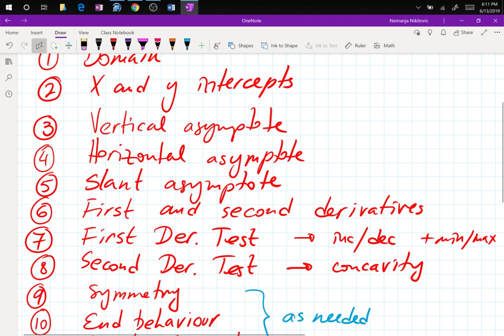So let's take a look at this. Can this be used to graph x squared? Sure. X cubed? Sure. Square root of x? Yep. But those are basic functions. You should know what they look like.